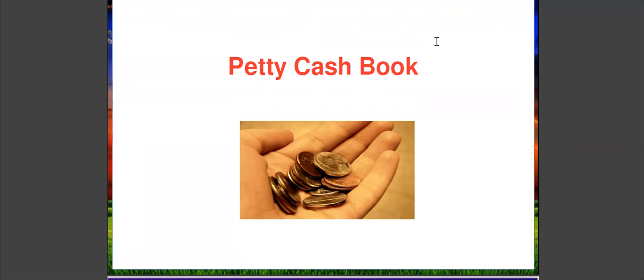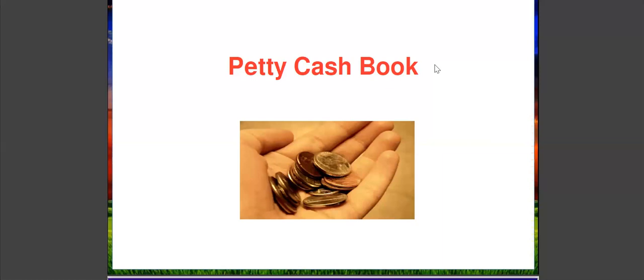So we keep a petty cash book to avoid unnecessary work. Also, every cash transaction must be recorded, even 1 rupee or 50 paisa, then only can we get our profit accurately.